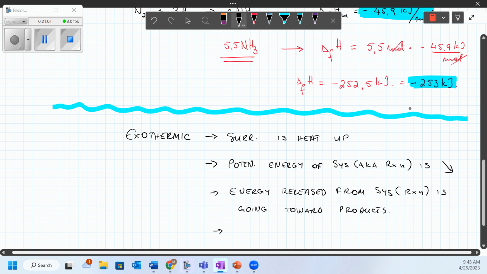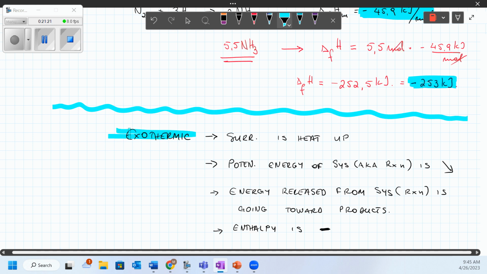So when we are expressing it either as a formation or molar formation or reaction, anything, the enthalpy change is negative. This is how we indicate that we are dealing with an exothermic reaction.